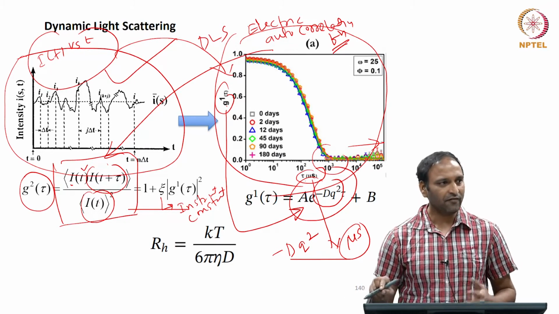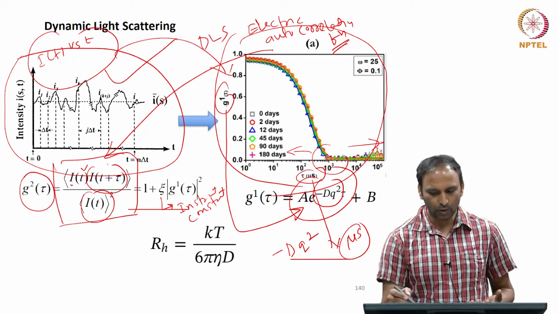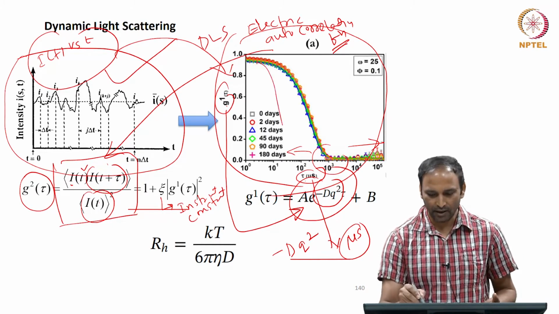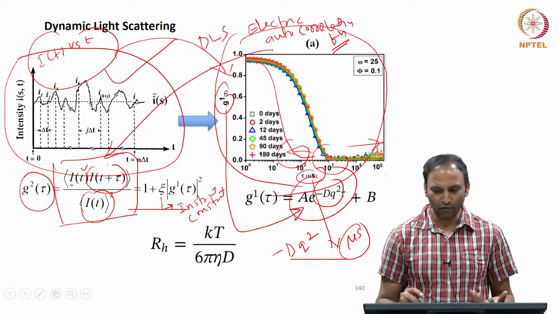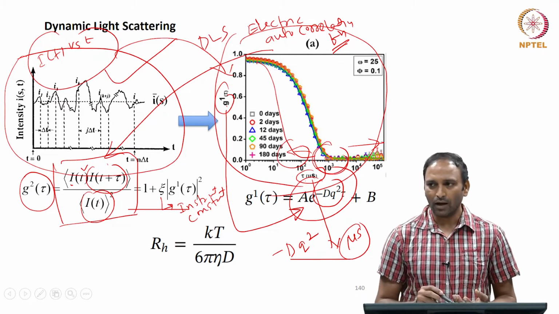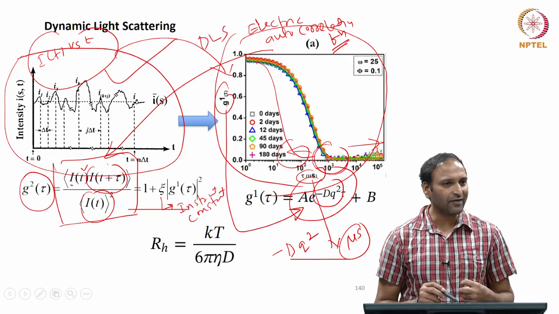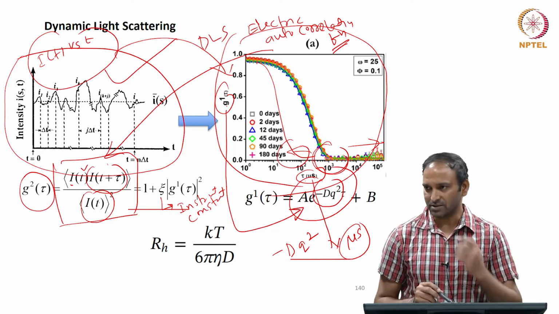If you have very small particles, it will decay at a lower tau. Therefore, one could look at where it decays to 0, and already infer what is the size of the particle that you have in the dispersed phase.